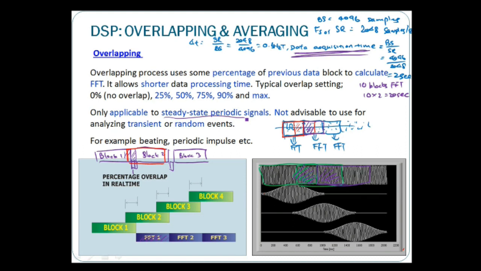On the next slide I will show you what happens when it is not steady. But to answer you, if you are very confident your signal is steady, then no issues. If not, then I will say don't do overlapping. Myself, when I do this analysis, data acquisition or data processing, I don't do overlapping.